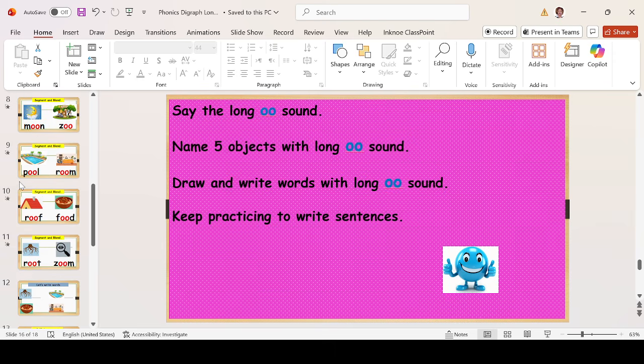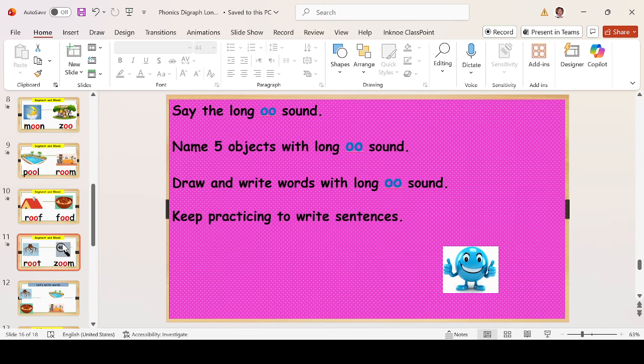Okay, you can name any 5 from these ones. All right, but I want you to practice to name them without checking here. So what you can do is you pause the video and try to name, and also try to look around your house. Do you have these things with the long oo sound? You can pick them, you can describe them.